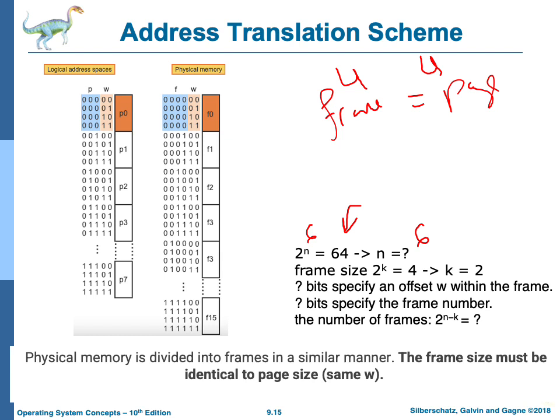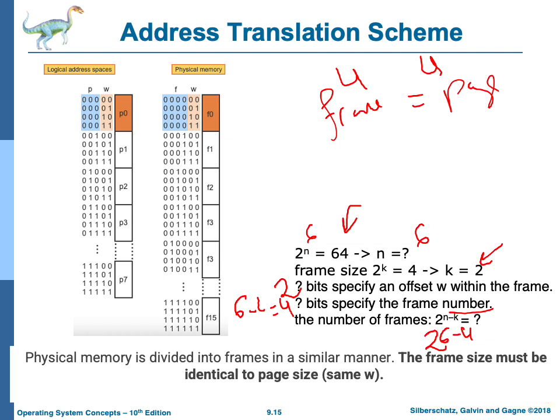And then as we said, if my frame size is 4, then I will need 2 bits for the offset. And then automatically 6 minus 2, I will need 4 bits for the frame number. And then the total number of frames, we're going to have 6 minus 4.